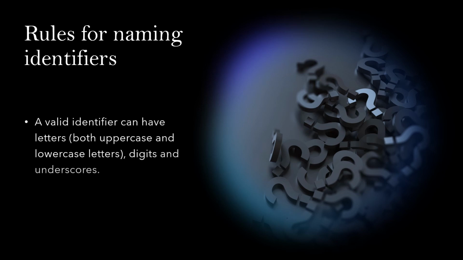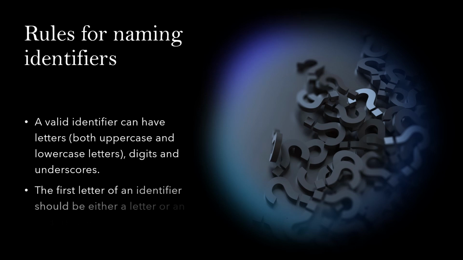Now, let's learn about rules for naming identifiers. A valid identifier can have letters, digits, and underscores. The first letter of an identifier should be either a letter or an underscore.